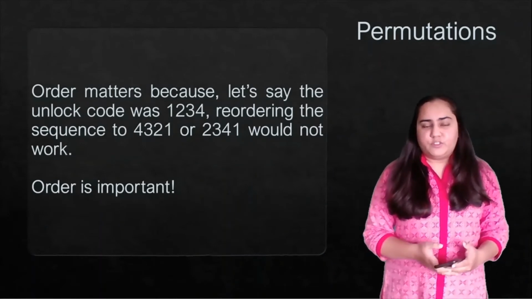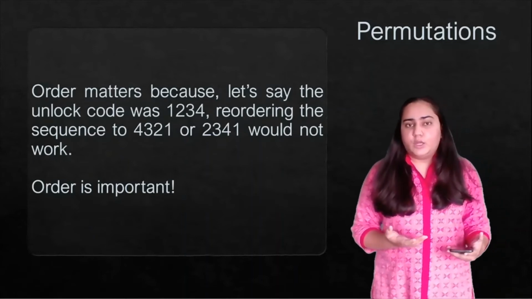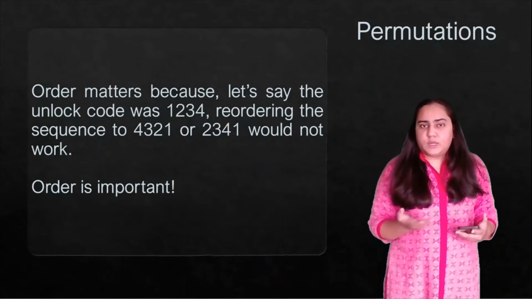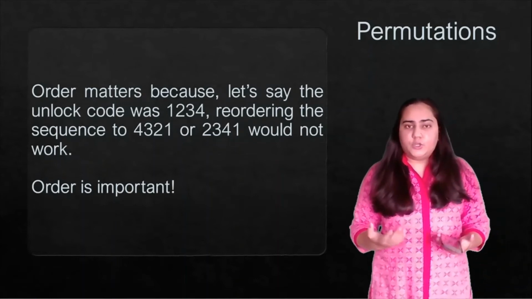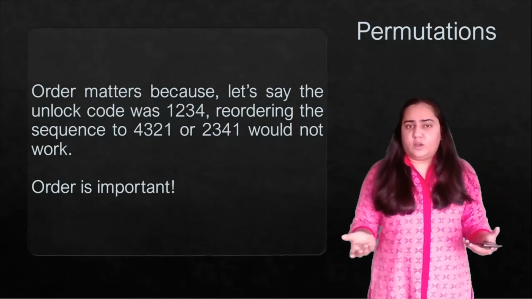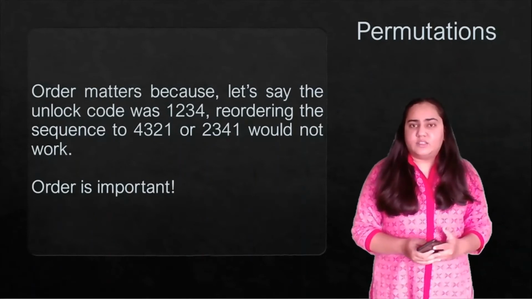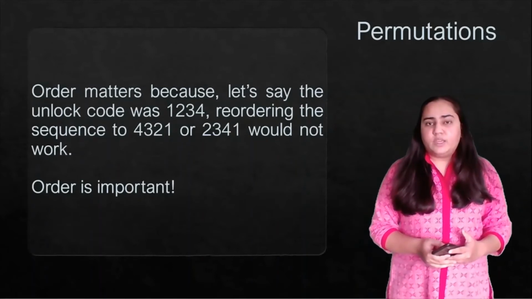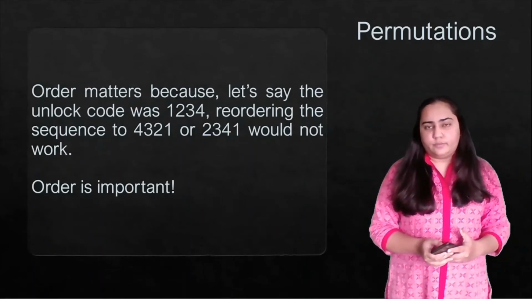First of all, the order matters, because suppose you had a lock with 4 digits and the code to unlock was 1, 2, 3, 4. But instead of that, you typed in 4, 3, 2, 1, or you used 2, 3, 4, 1. Would the lock open? No, it wouldn't. And that's why the order is important in some cases. And that's why when we calculate probability, we have to consider the order of these items also.